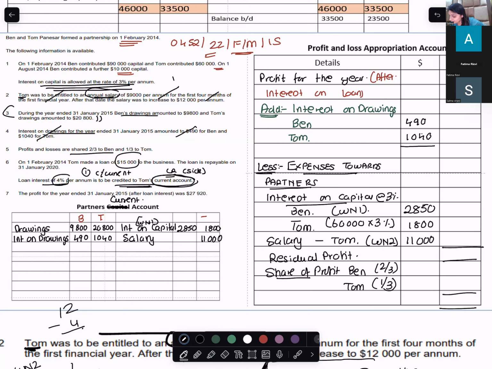So come on, interest on loan, how much? 15,000 into 4% is 600.